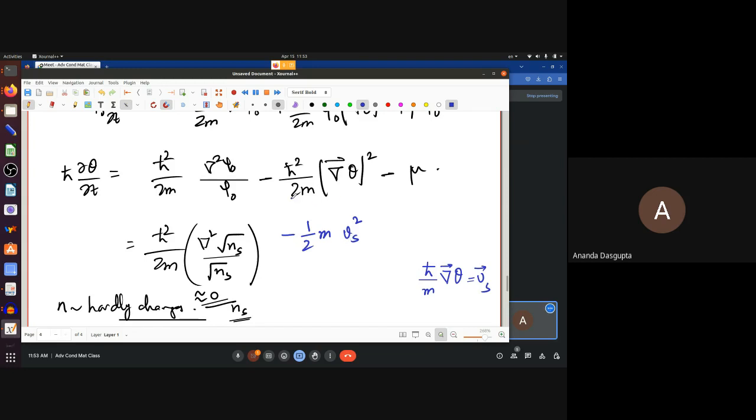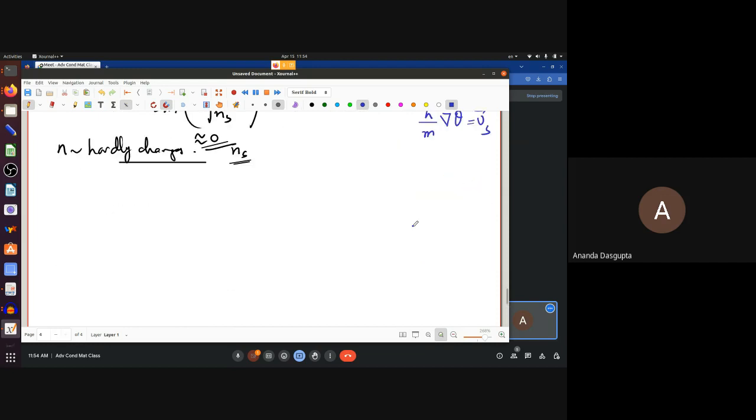So this is the kinetic energy term, so to speak, minus mu. So at the end of the day, after the approximation, this becomes h cross del theta del t is minus half m vs square minus mu. So this thing is beginning to look like the motion of a particle is involved somewhere, right? Remember, mu is like the potential energy, and this is like the kinetic energy.